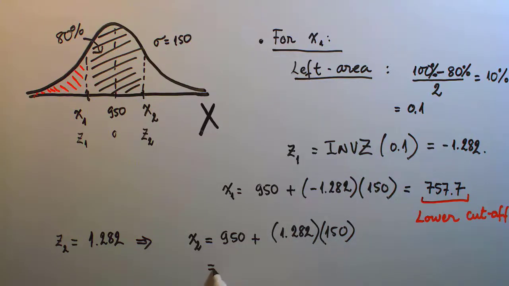And so final calculation comes out for x2 should be 1142.3. And many other people refer to this value as the upper cutoff of the middle 80%.